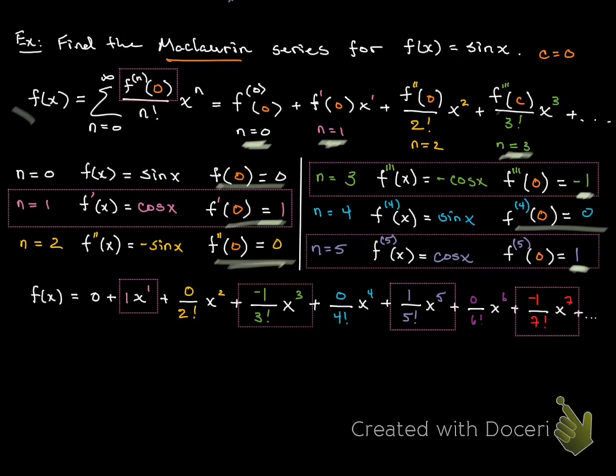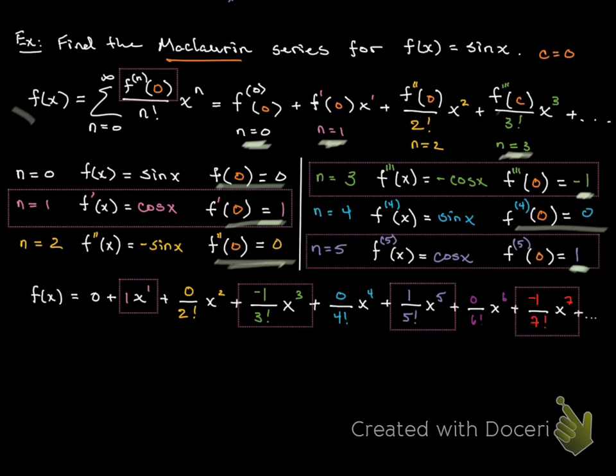So sine, and in fact we'll see cosine, is a little bit special when we find the Maclaurin series, specifically centered at 0, as half the terms basically disappear. It's either even or odd depending on what you're working with and what your center is. So we've got all the odd terms that are showing up here boxed in pink.